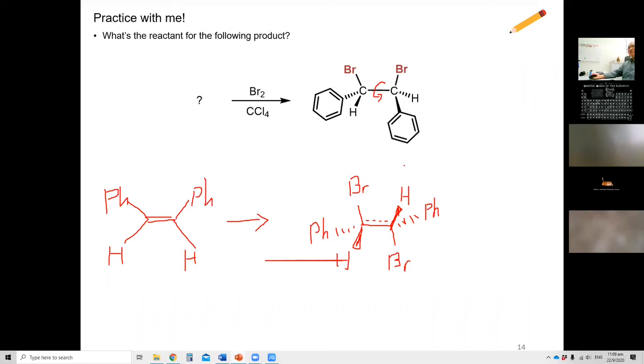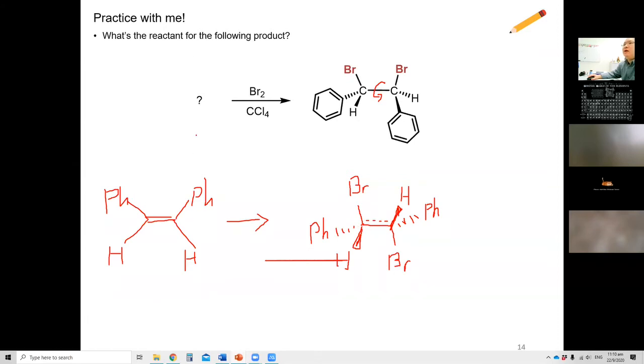All right, so from this ugly drawing, we can see that the trick to solve this problem is that you need to make it look like an anti-addition product. And you assume the bromine is from the bromonium attack. So this 3-membered bromonium ion is formed here. Okay, then you look at all these 4 groups' orientation. Then you have 2 phenyl in the back. That means in the alkene, the 2 phenyl are on the same side.